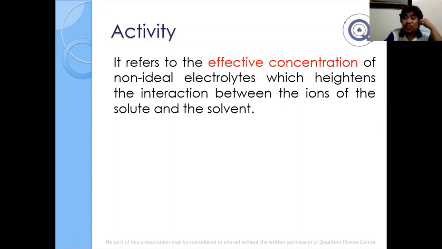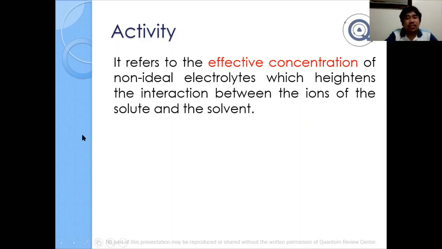Our solutions are similar. Besides gases, the solute and the solvent particles have interaction between their particles. When the interaction is high, it will affect the concentration and it becomes the effective concentration. So activity is the effective or real concentration. You can think of that as the real or non-ideal concentration.